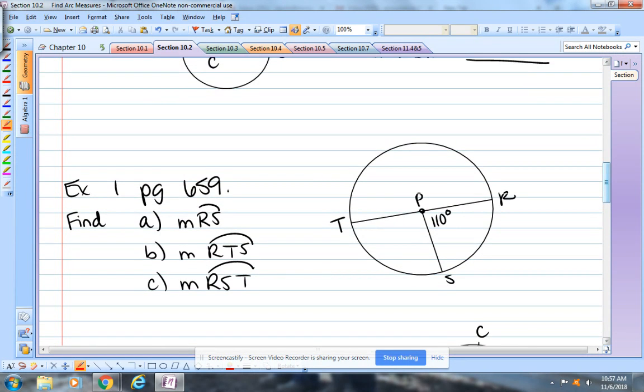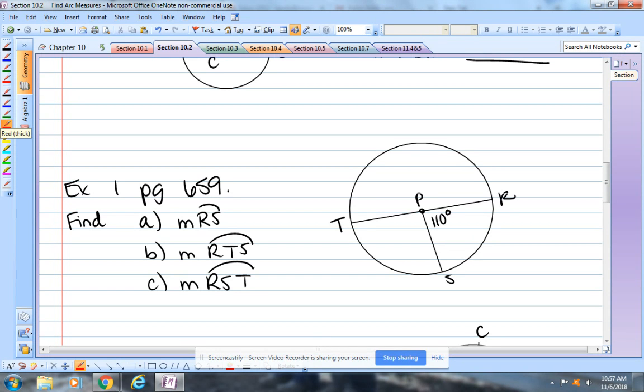Okay, look at this one. They have 3 arc measures they want us to find, and they give me 1 central angle. You don't have to draw the picture if you don't want to. You can just help me fill it in. I think you can tell by looking at my screen. Also, it's on page 569 if you want to refer to it in your book.